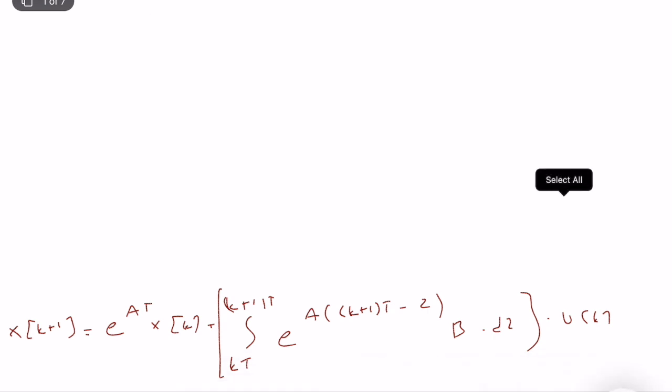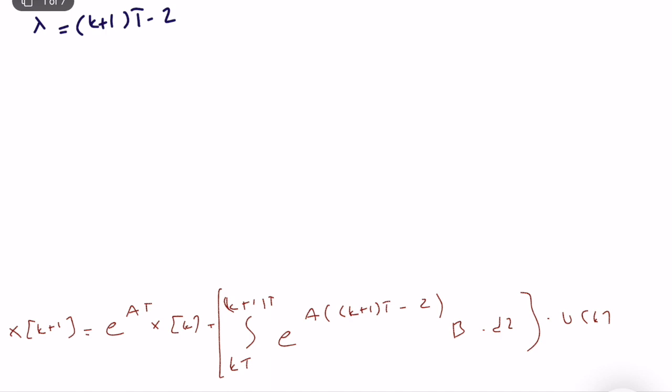Good. So let's do some change of coordinates. Let lambda be equal to (k+1)T minus tau. Of course, we are just doing it for the integral; we don't need to change anything outside the integral.